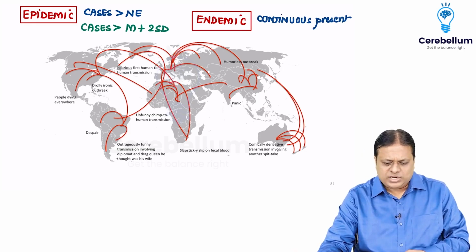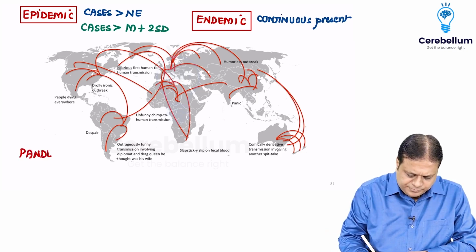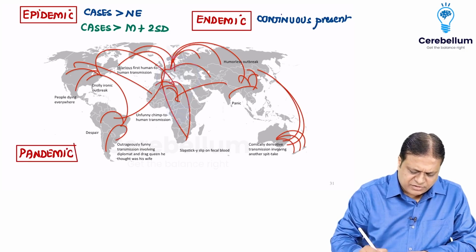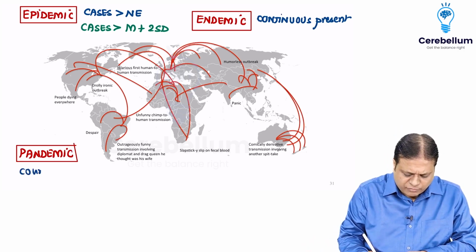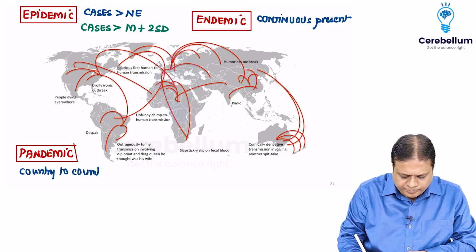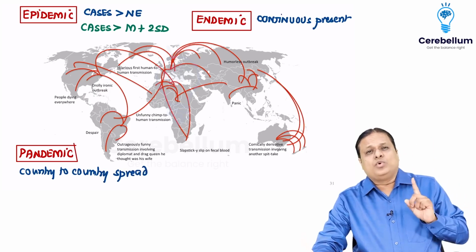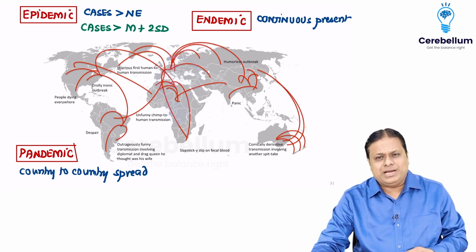The image shown here, this is pandemic. Now what is pandemic by definition, friends? Pandemic is country to country spread of a disease. Now the biggest pandemics are COVID-19 and HIV. Otherwise swine flu, bird flu have also been big pandemics.